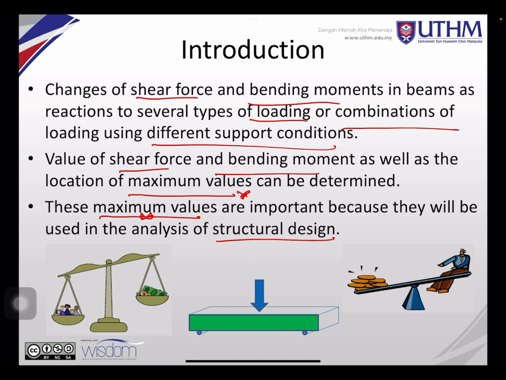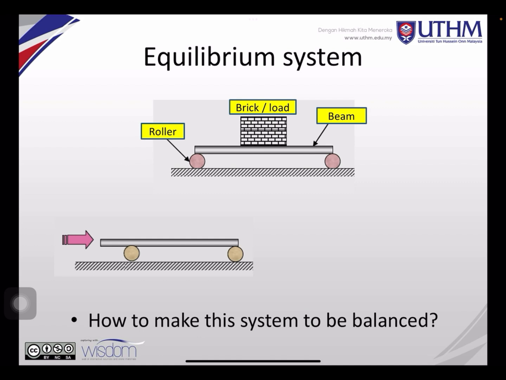Okay, so you can see this is a beam. When you apply the load on it, what will happen? This is a roller support, and this is the beam. You will have a load on it.